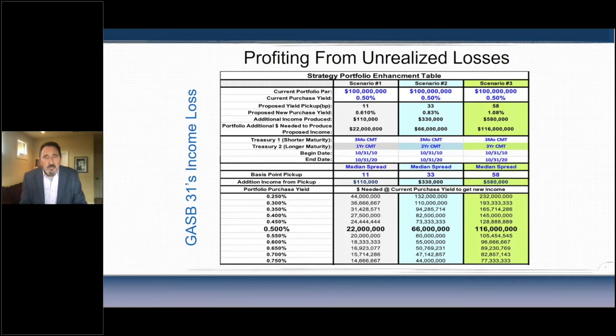Another way of looking at it when we talk about this with councils or stakeholders is, how much would you have to increase the portfolio size to offset that $330,000 of revenue lost because you're trying to stay under that quote unquote 12-month window to avoid losses? You would, at 50 basis points in this scenario, have to increase that portfolio by 66% or $66 million.